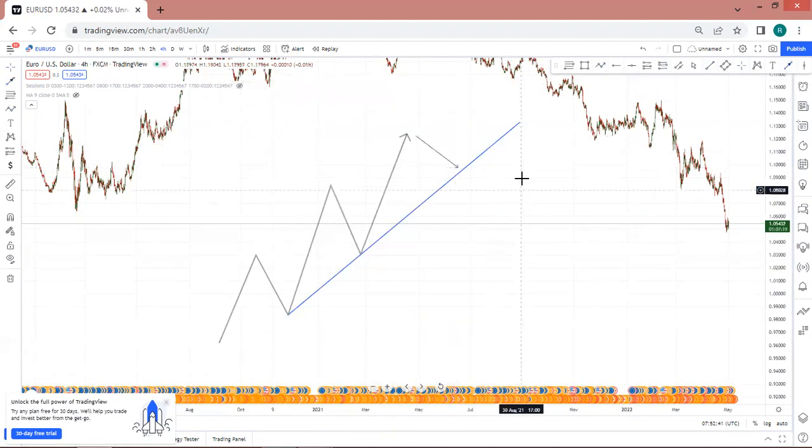So good. How do we draw support and resistance in this area? This market is coming from this place.